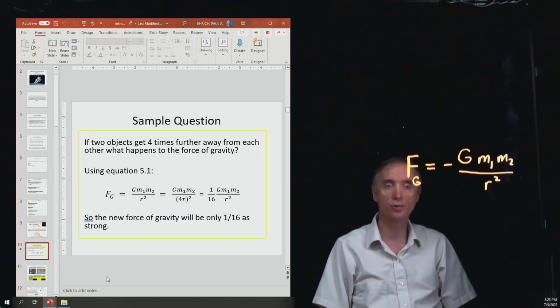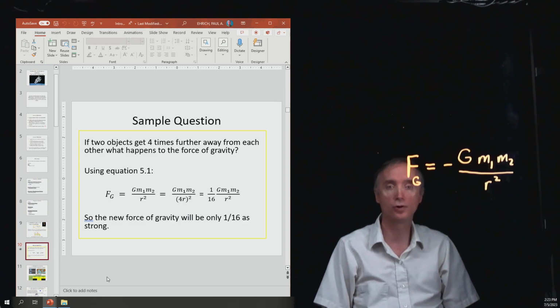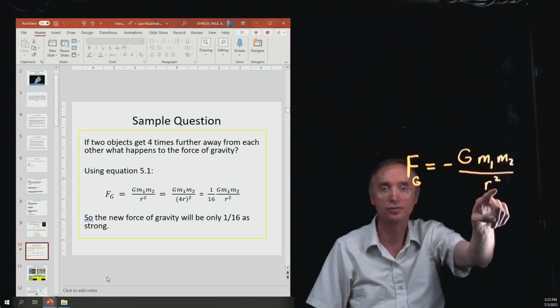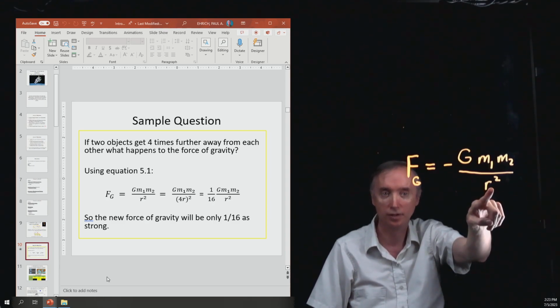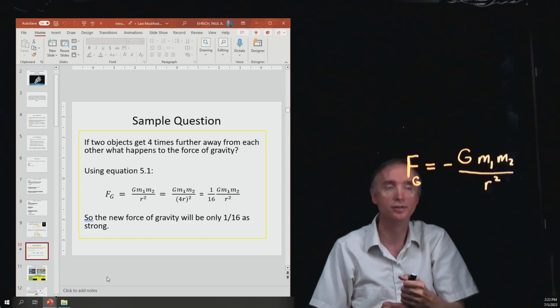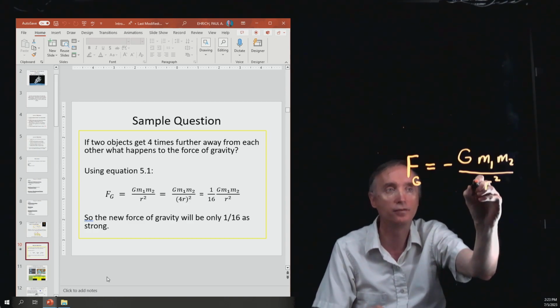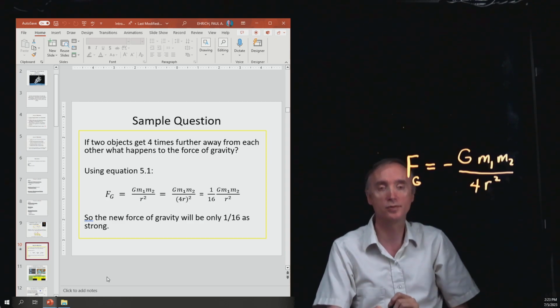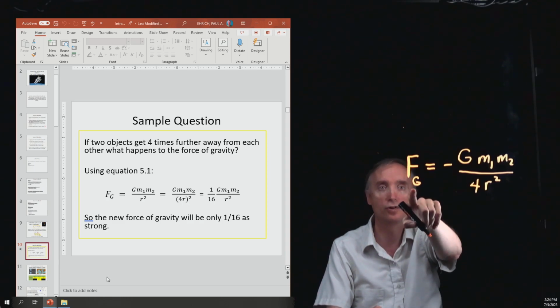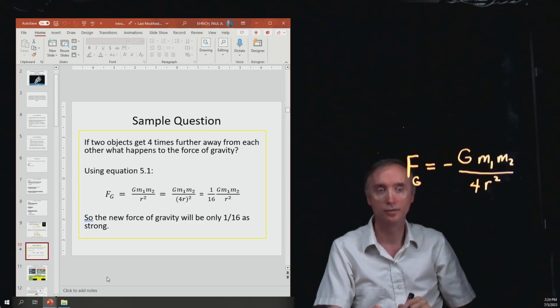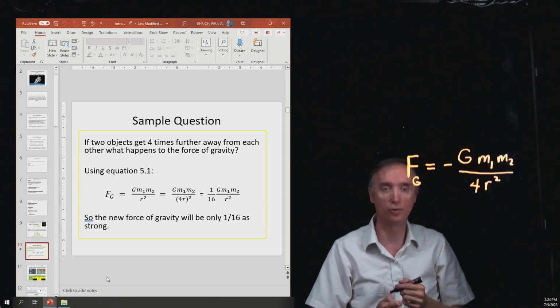So here's the kind of question that you should be able to answer. If two objects get 4 times further away from each other, what happens to the force of gravity? So the R is going to change. So the R is going to get 4 times bigger. So you might be tempted to say, well, if it's 4 times bigger, then the force of gravity is going to get weaker by a factor of 4.